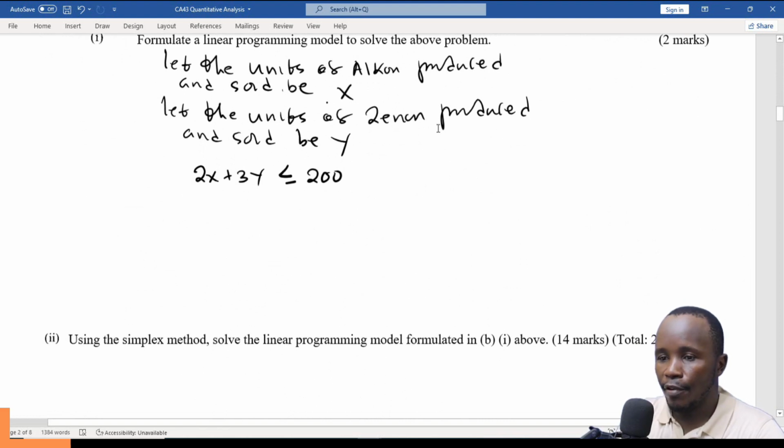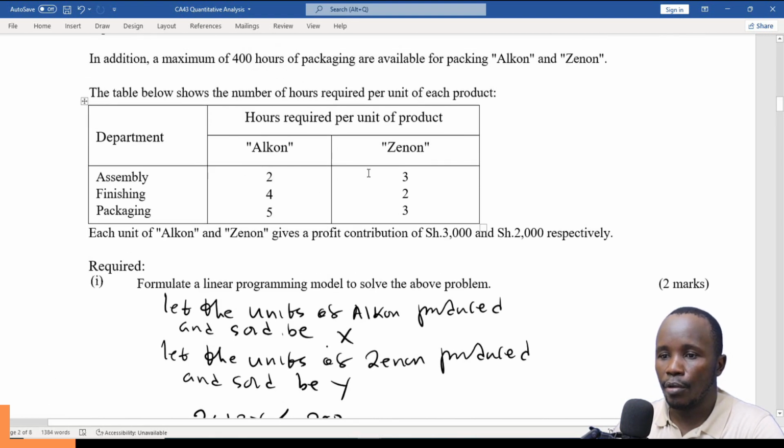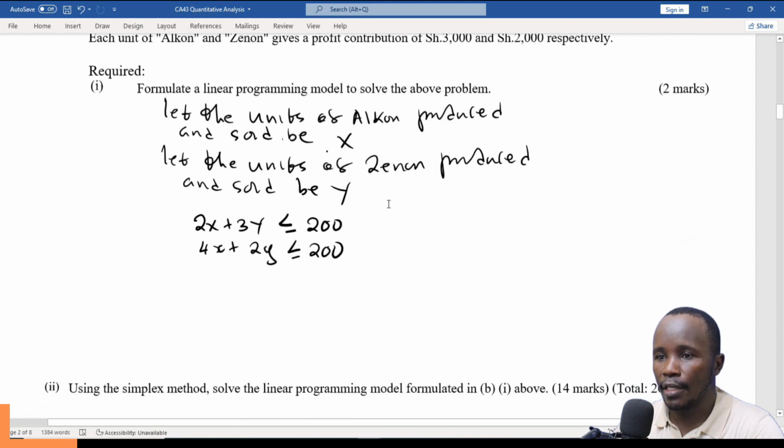You do the same for the other, that is 4x plus 2y is less than or equal to 200. Where am I getting this? From the table.